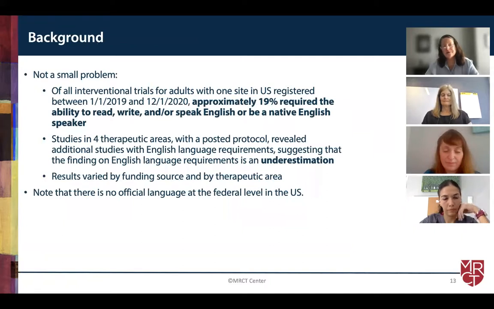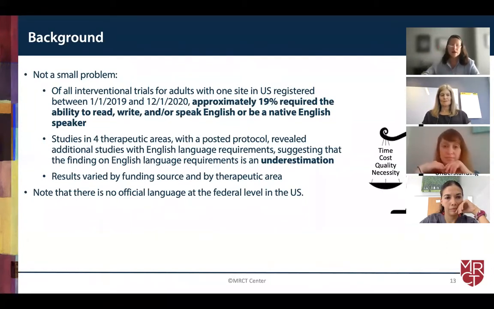So we did a small study to look at how common it is for trials in the US to require people to read, write, speak, or be a native English speaker. And approximately 19% of studies required that when there was a site in the US in the last 2 years.